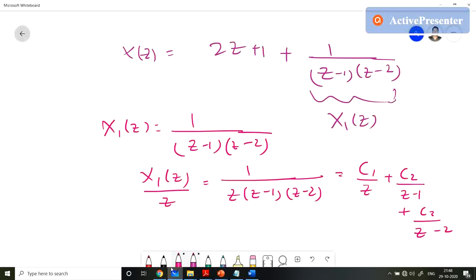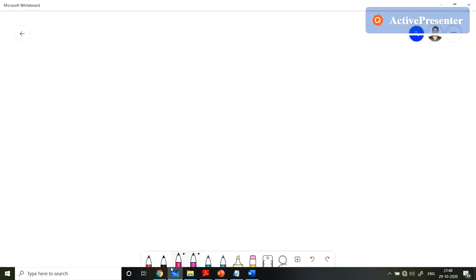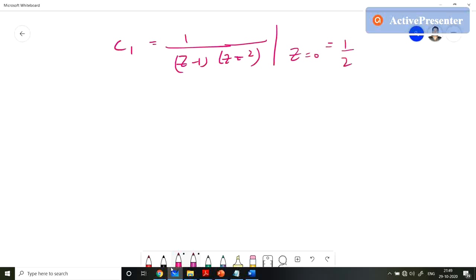Now applying the concept of partial fractions, C1 is 1 divided by (z minus 1)(z minus 2) at z equals 0, so we get 1 by 2. Then C2 is 1 divided by z(z minus 2) at z equals 1, so it is equal to 1.